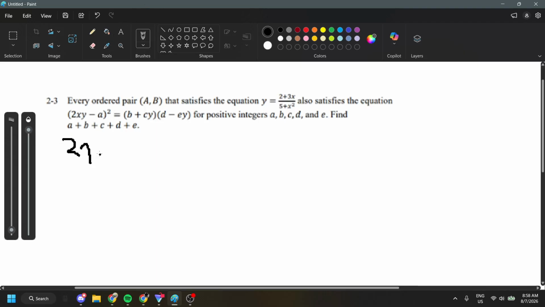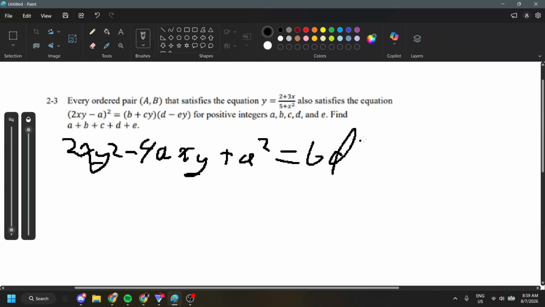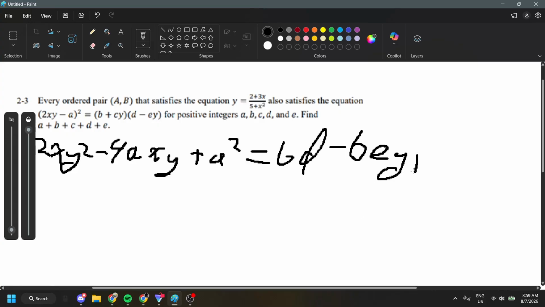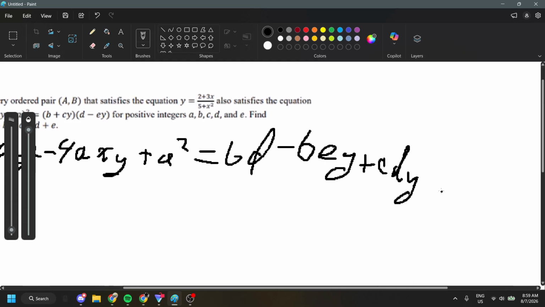We have 2xy squared minus 4axy plus a squared is equal to bd plus minus bey plus cdy minus cey squared.